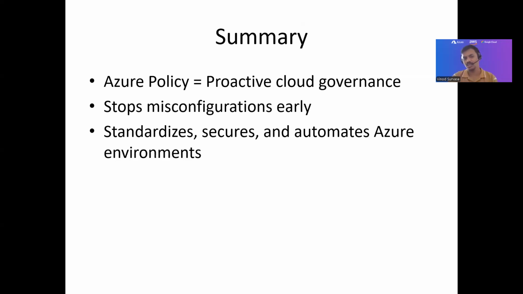And in summary, Azure Policy is proactive cloud governance, which is going to stop misconfigurations early, before implementing anything across the organization, and also build standardization and secure and automate the Azure environment, right?